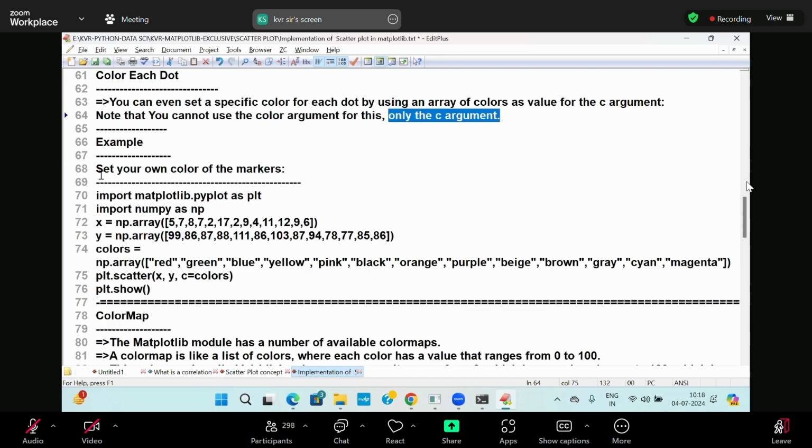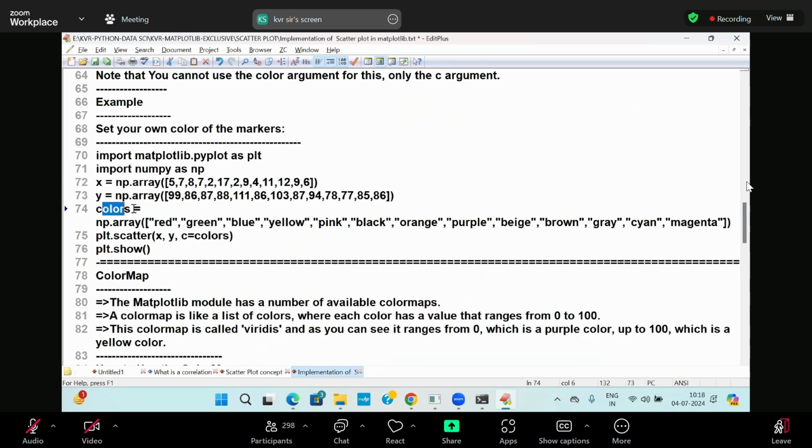How do you do that? Set your own color for the markers. Import as usual. colors is equal to a list with as many values as there are points. That many colors you are going to use. So don't waste your time on colors. Simply colors is equal to some variable name, some list, an ndarray, np.array.